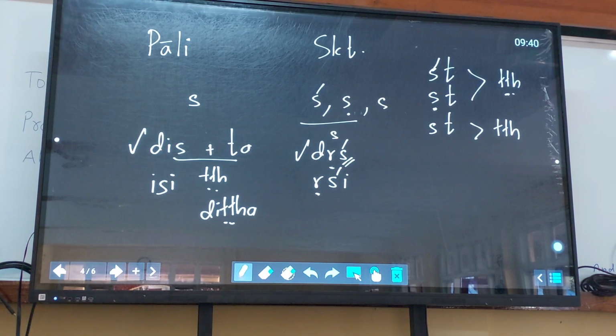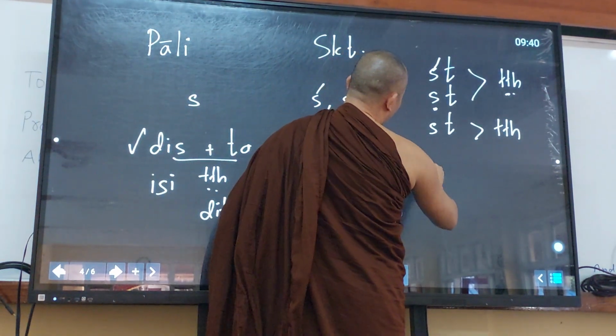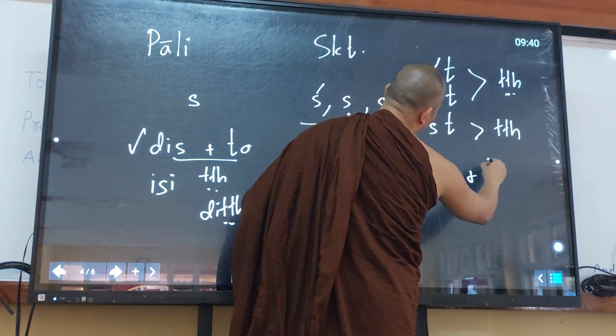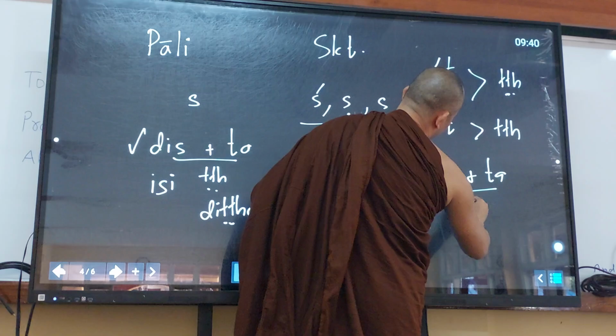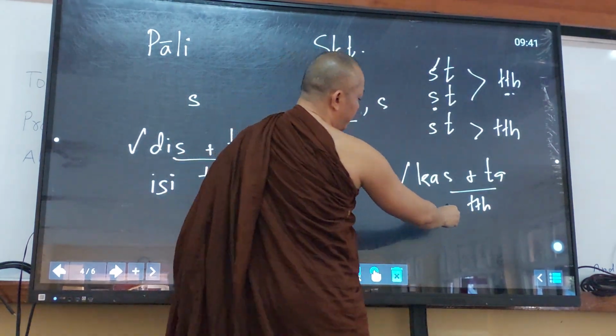But some are not. For example, root gas and the past participle suffix. So sada become the, so data. So kata we have.